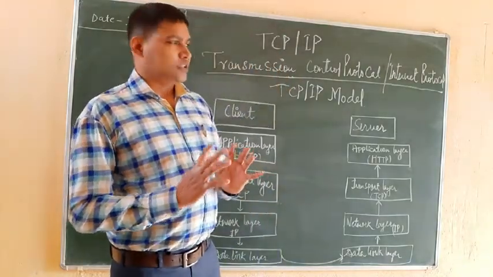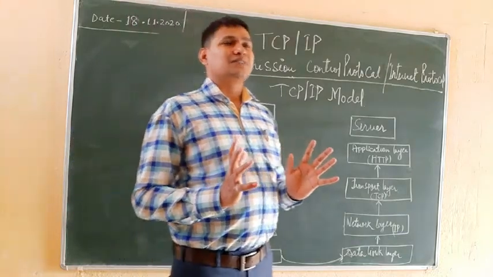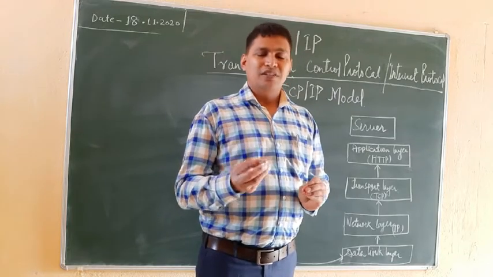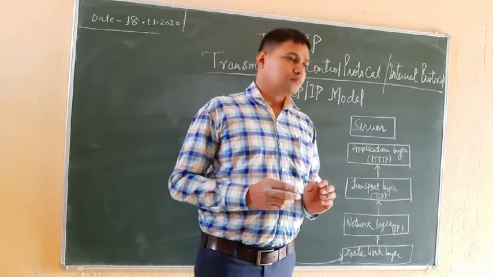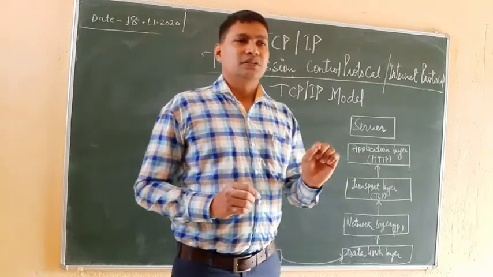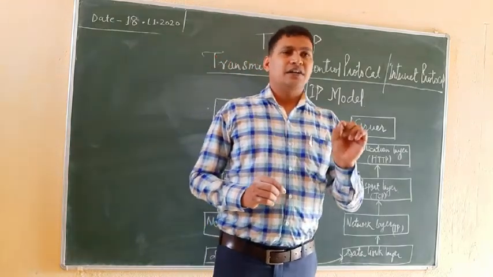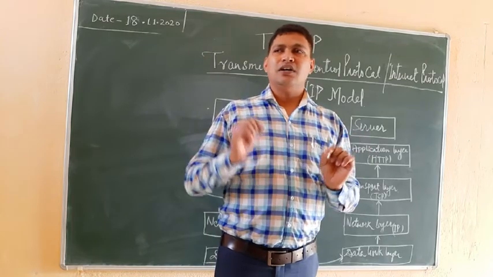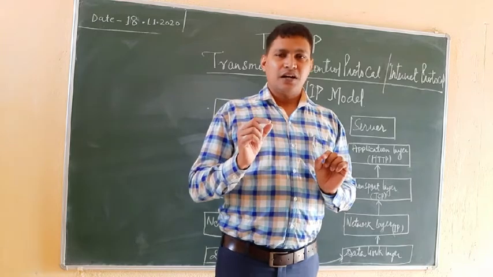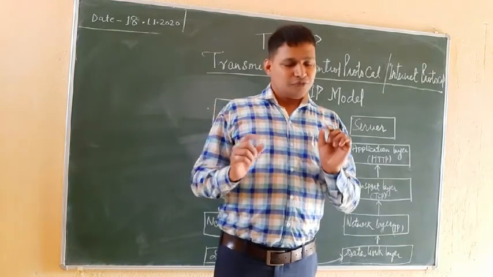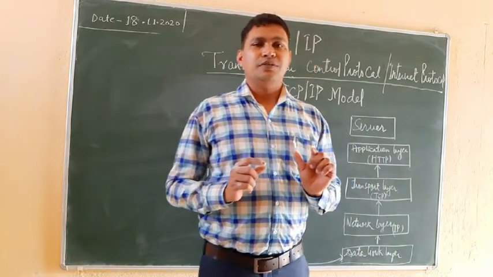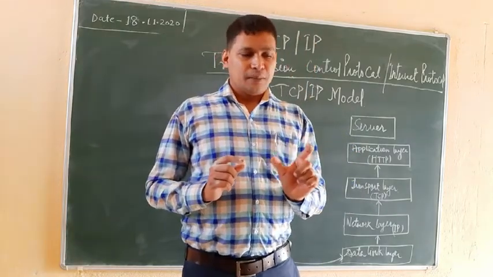Actually, what is the logic, what is the working style, how is it done, what is the basic concept regarding this? First, when a user sends a data request to the server, the request is first split up into different packets.